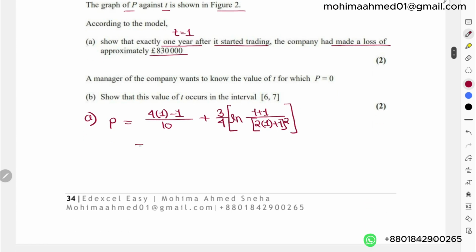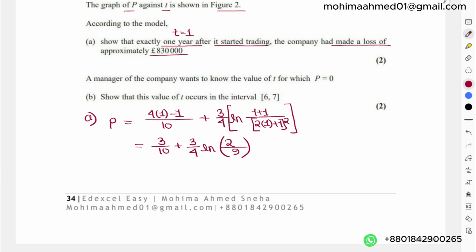If I simplify it further, I'm going to get 3 over 10 plus 3 over 4 ln of 2 over... 2 plus 1 is just 3, so 3 squared is just going to be 9. So 2 over 9. Now you're just going to write this directly onto your calculator.